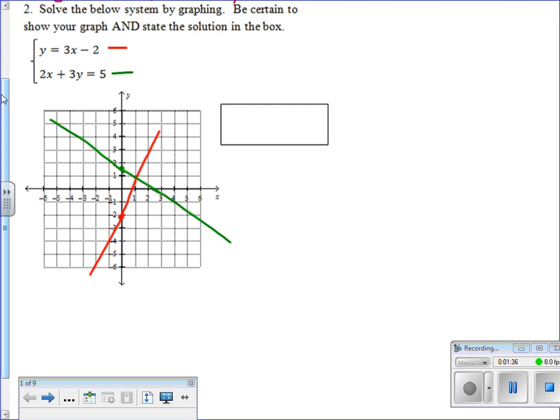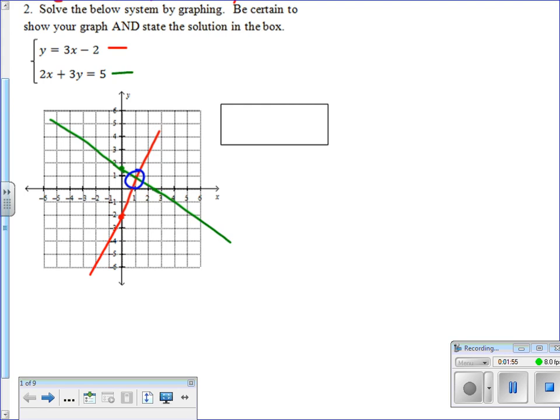Now, I will tell you on a test that I give you, those lines will cross at a coordinate that are integers. There will be no fractional or decimal parts to a coordinate on a test that I give you.